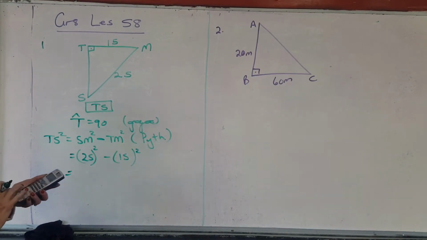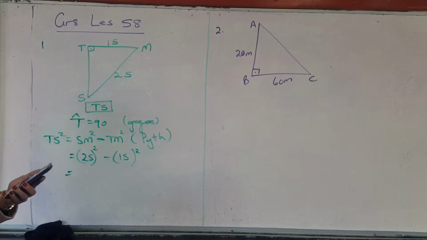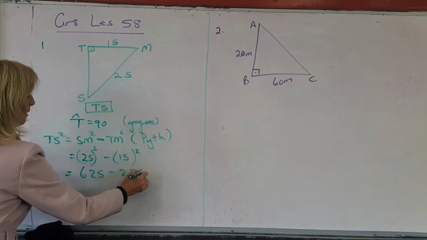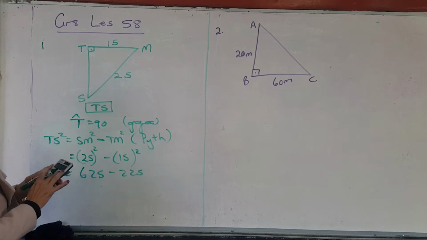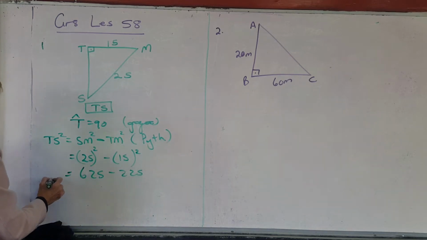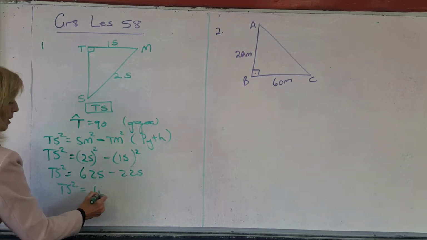So it's going to be 25 squared, which gives me 625, and 15 squared is 225. When I subtract that, I get 400. So TS squared equals 400. Write it all the time and you can't go wrong.